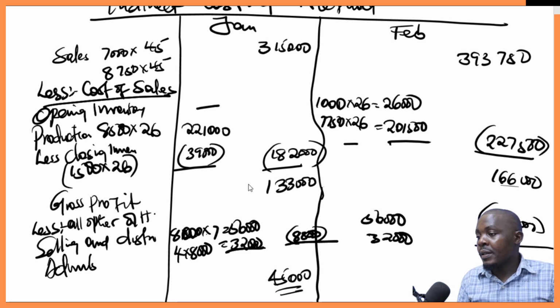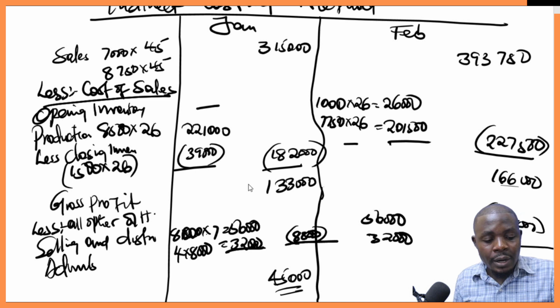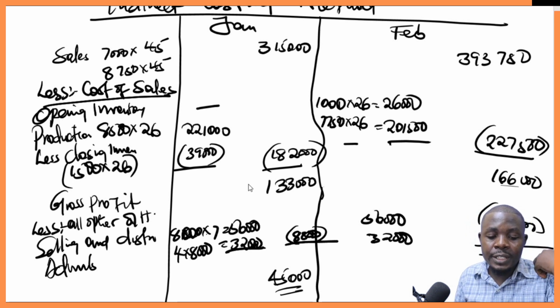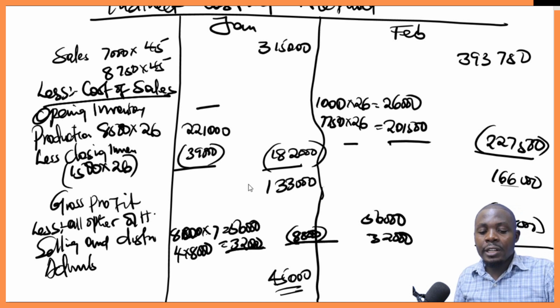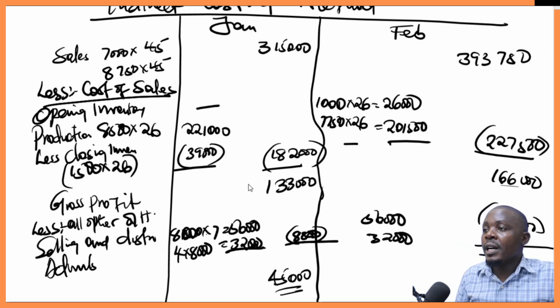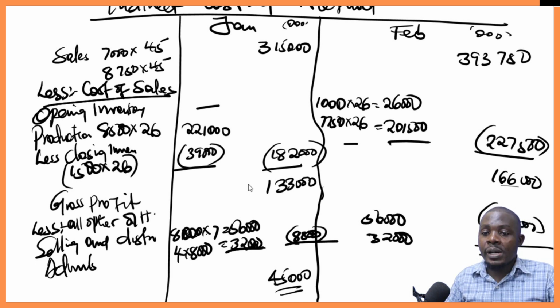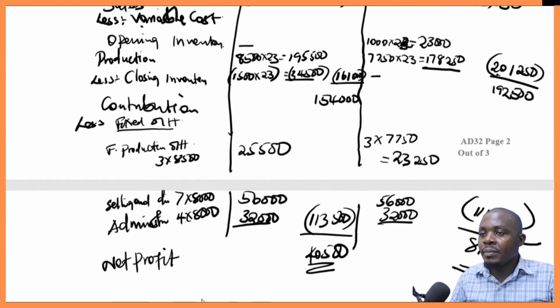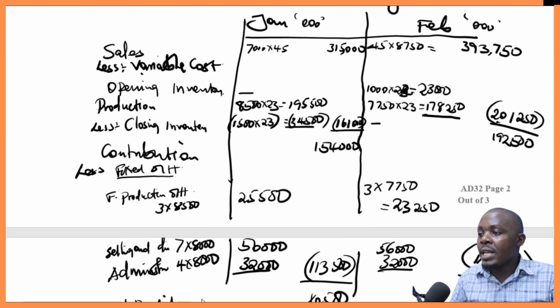Then are we supposed to choose? No, that was what you need to do, because the question was prepared in a columnar format, profit statement for 2 months, January 2024 and February 2024. You are to do that for you to scoop the entire 20 marks for both part A, part B, and then part C, which requires you to compute.